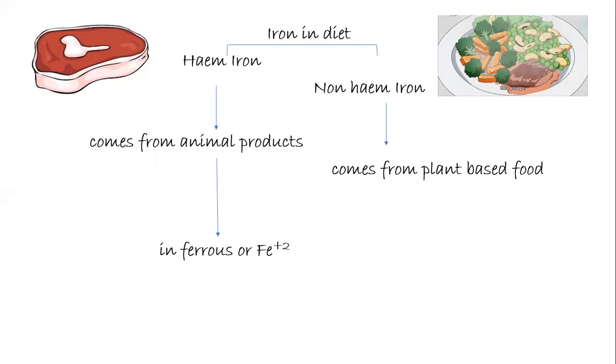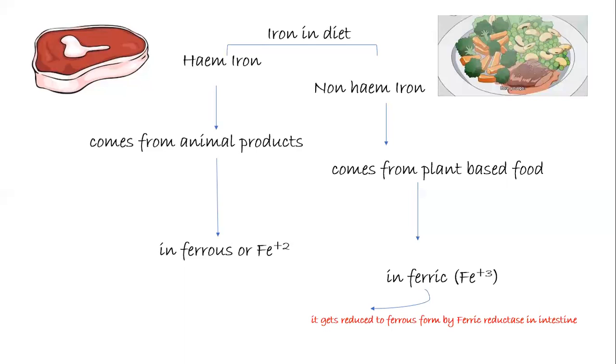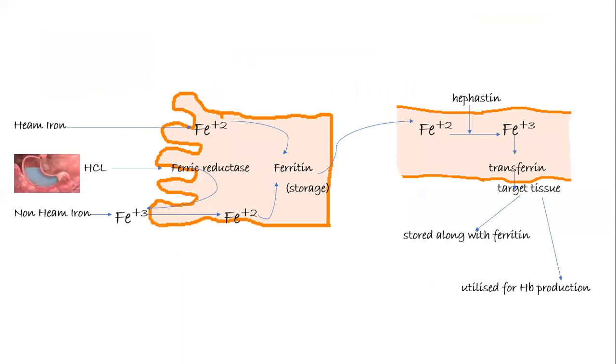So you have to remember that non-heme iron comes in the Fe+3 form. In our digestive juices, we have ferric reductase, which is responsible for conversion of this ferric Fe+3 form of the iron into ferrous, that is Fe+2 form.